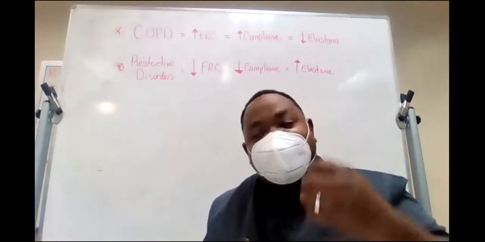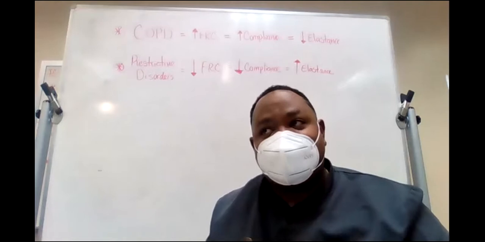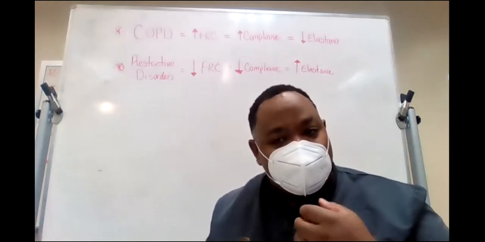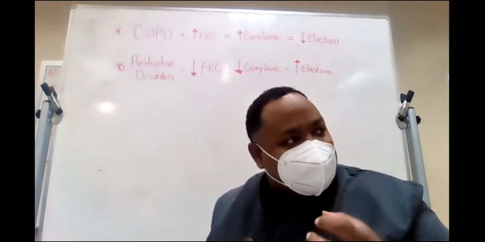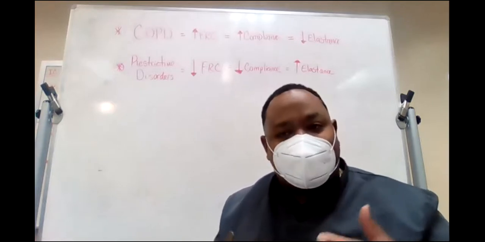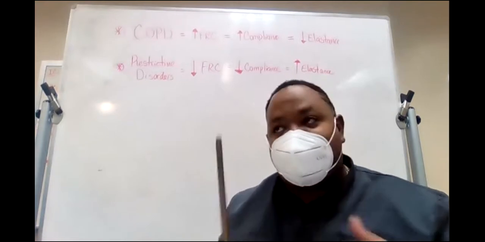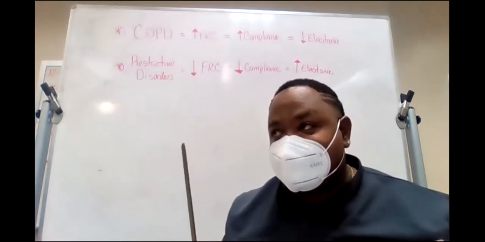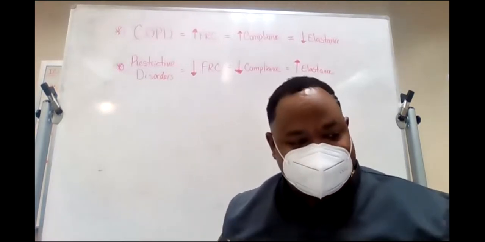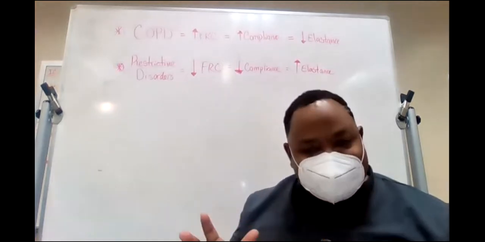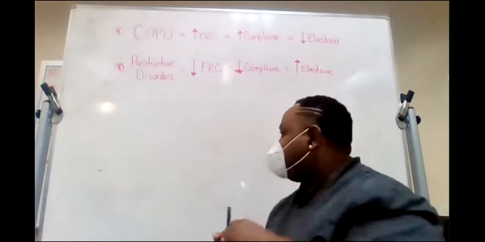That has a very high elastance. If I go buy a brand new pair of drawers, they're going to have a high elastance. But if you pull out some underwear from the drawer that's been there for 15 years, it's going to have lost its elasticity. It's going to have a low elastance.